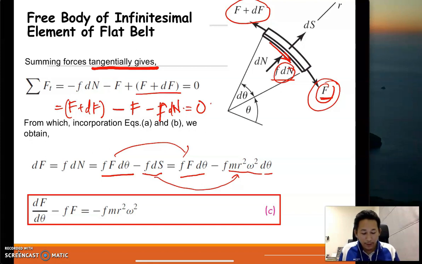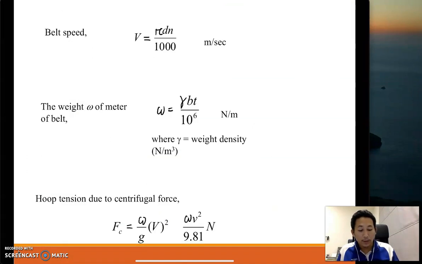So dF over d theta minus f F equals negative f Fc. Right, so that is for the belt.